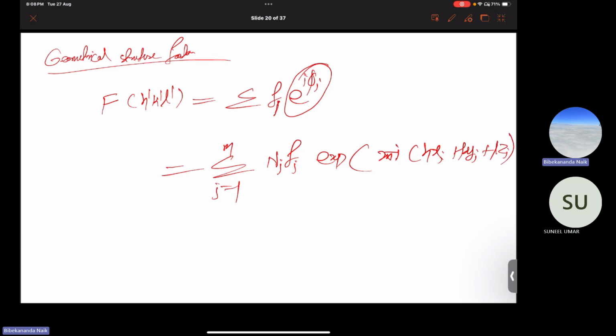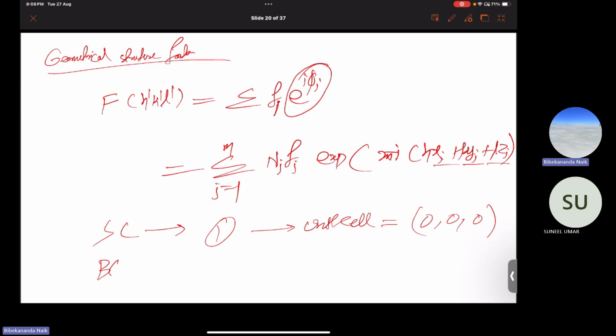This HKL are the Miller indices, and x, y, z are the coordinates of those lattice points. For simple cubic, we have only one lattice point per unit cell, which is the origin, 0, 0, 0. But for body center cubic, there are two lattice points: 0, 0, 0, and another at half, half, half. Can you get it?